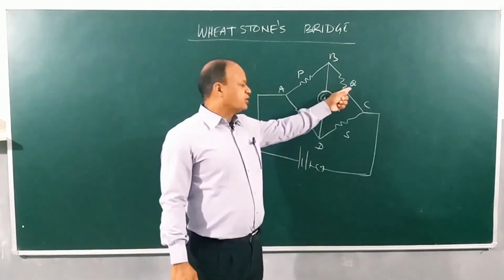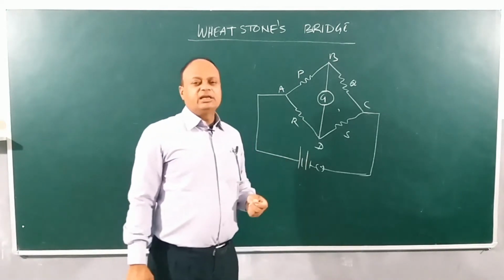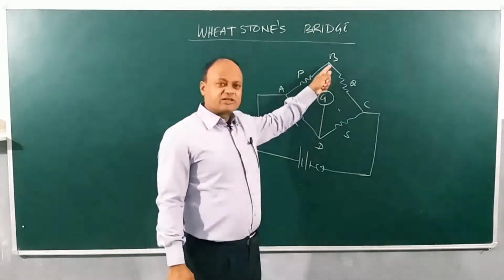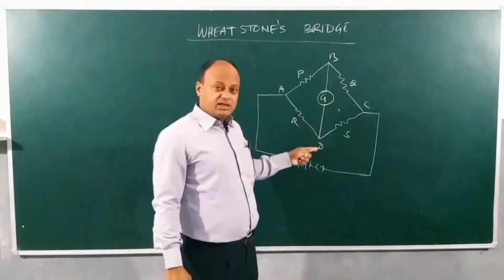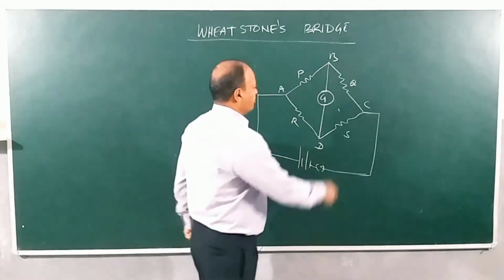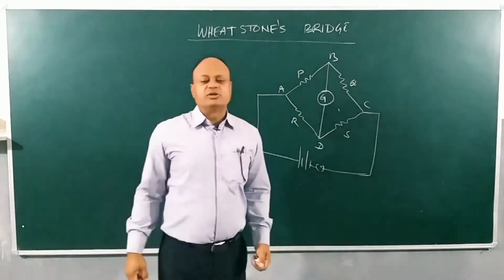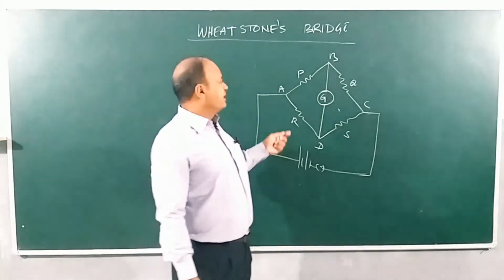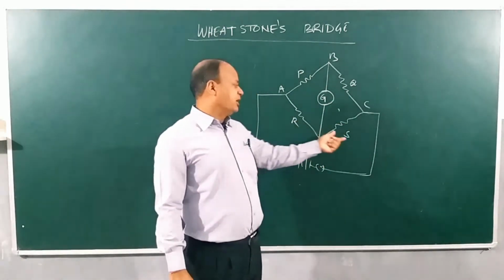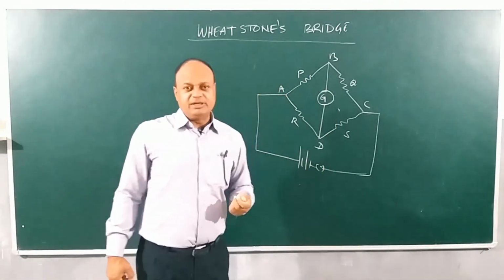I will keep P and Q constant and I will continue to change R. And a stage will be reached when B and D will become equipotential points, and if B and D become equipotential, then current through galvanometer will become 0. And at that stage galvanometer will not show any deflection, right? Then we will say that the Wheatstone bridge is balanced, and by balancing we can calculate one of the unknown resistances. Suppose S is not known, I can calculate S. If P is not known, I can calculate P, right?